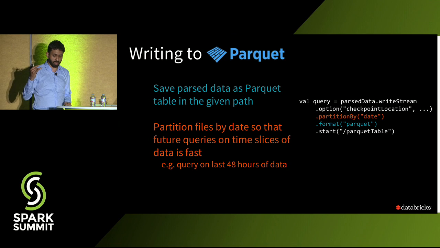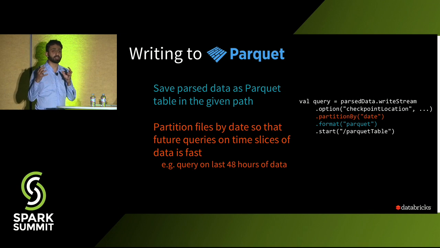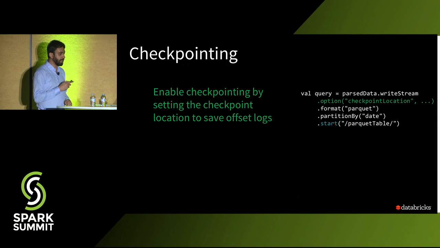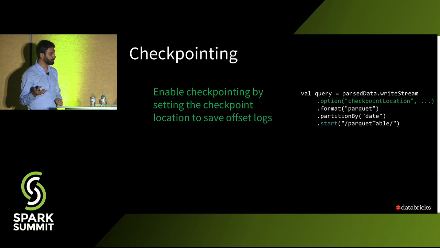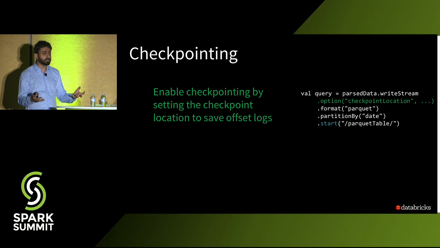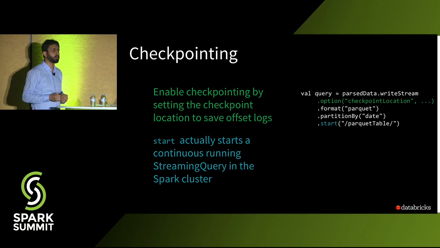That means when I do interactive queries on the Parquet table, I don't have to read the whole table for the last 1 year of data. I can read only the files for the last 1 day because it is already partitioned by date. Then finally, we obviously have to specify the checkpoint, as Michael already told you. It's just an S3 or HDFS path, and call start to actually start the query.